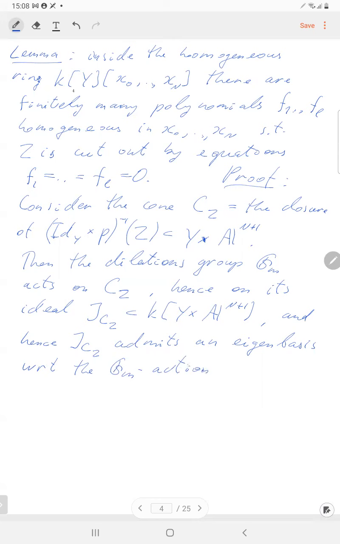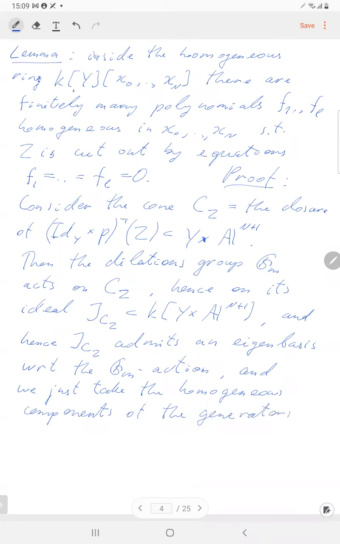Okay, and we just take the homogeneous components of the generators of this ideal.